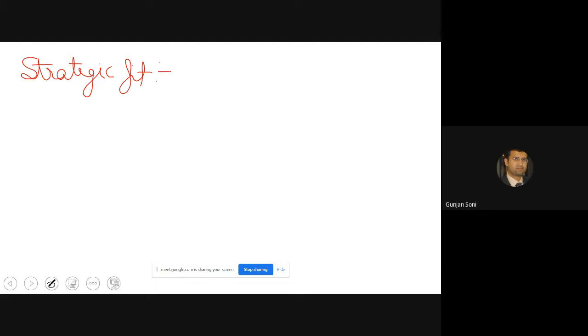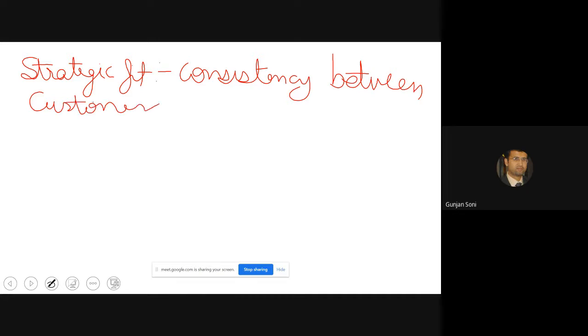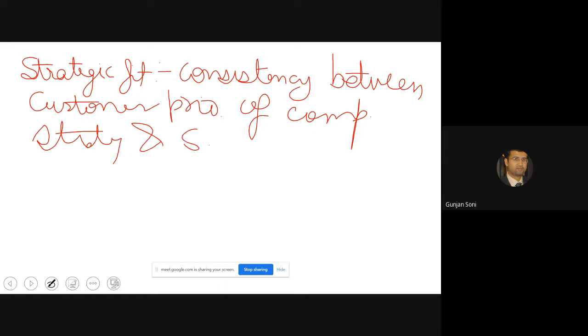Consistency between customer priorities of competitive strategy and supply chain strategy. So their goals should be the same.